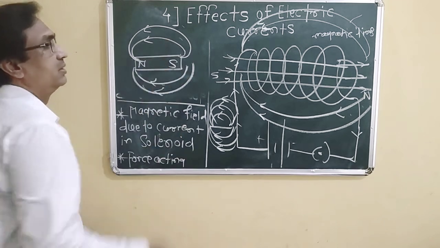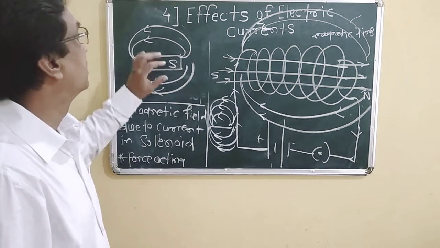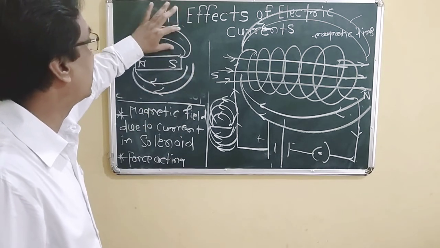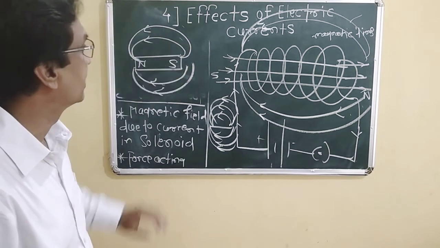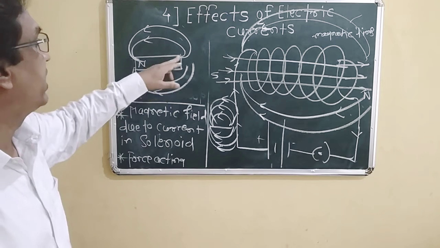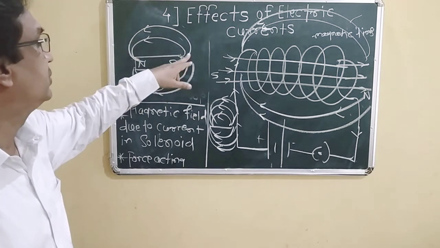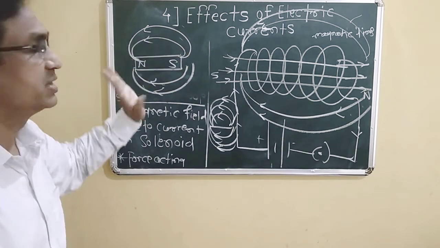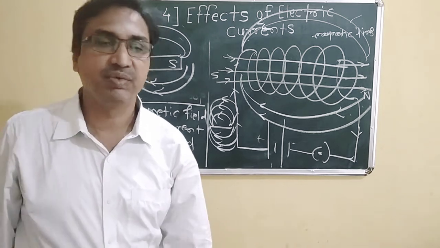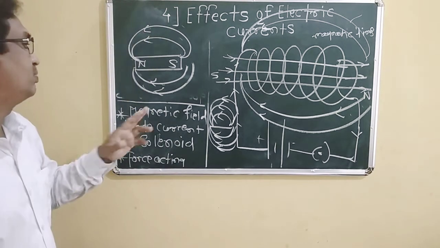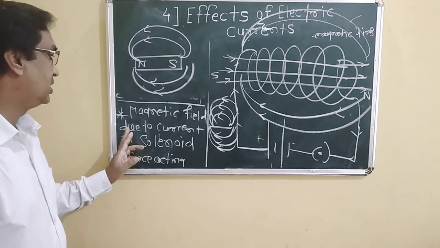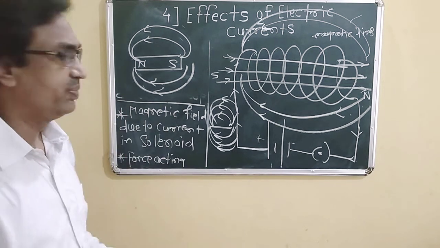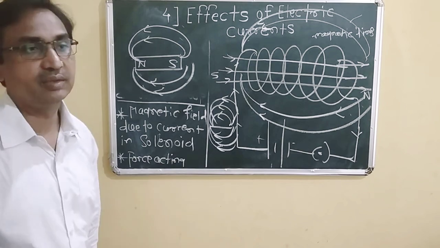In a bar magnet, the magnetic lines go N to S, S to N, and N to S. So in this way, we can find the magnetic field due to current in a solenoid. The next thing is force acting.